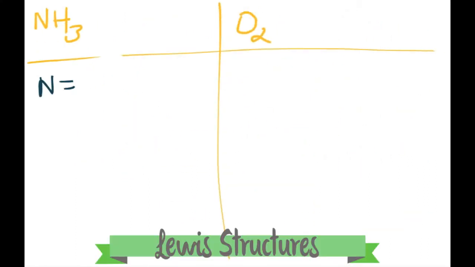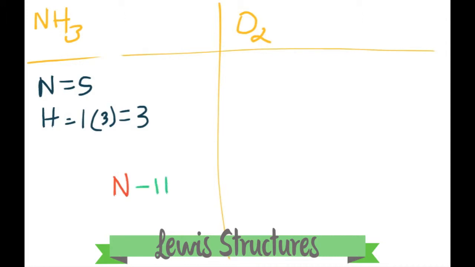Nitrogen has 5 valence electrons, and each hydrogen has 1, but we have 3 hydrogens. So in total, there's going to be 3 valence electrons for hydrogen. In our Lewis structure, nitrogen is going to be the central atom because it has the most valence electrons, and all the hydrogens will be plotted around it.